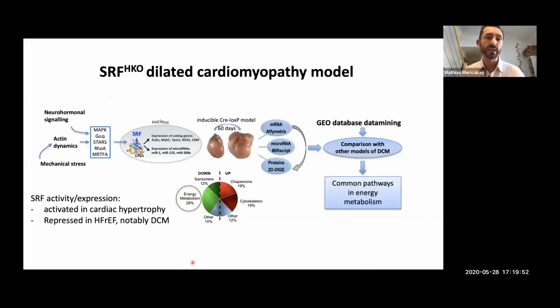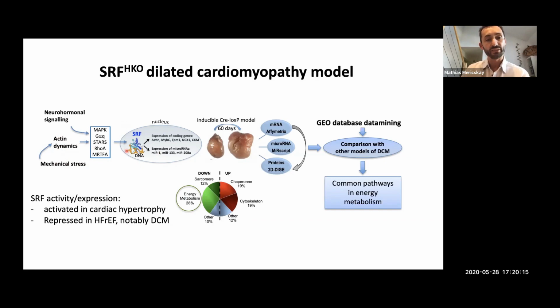The way we addressed that question was by studying a dilated cardiomyopathy model in mice, triggered by the deletion of a transcription factor called SRF, the serum response factor. It's a very important transcription factor whose activity is regulated by a number of neurohormonal and mechanical signals.